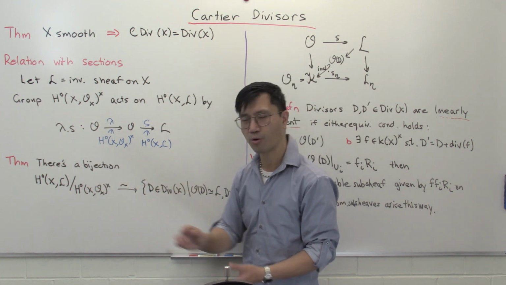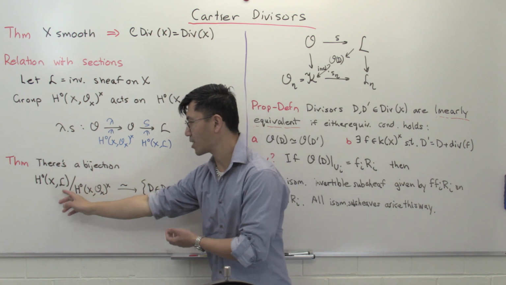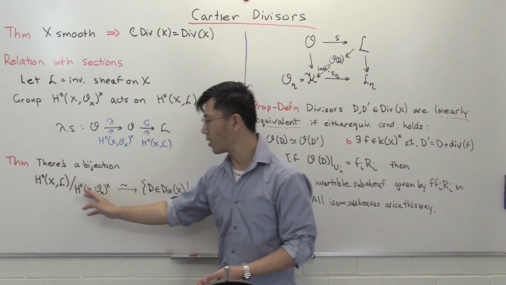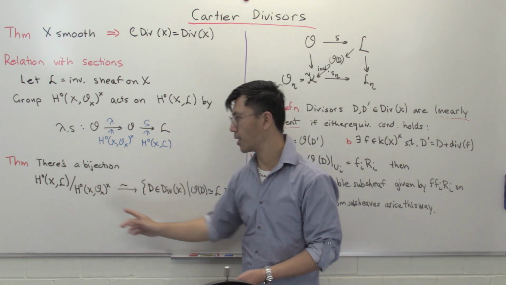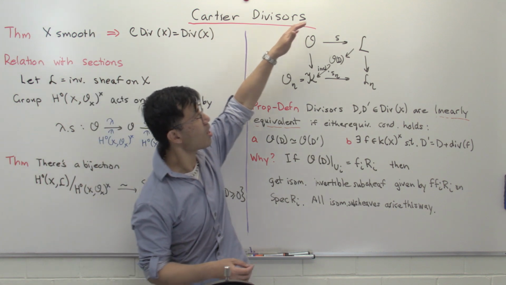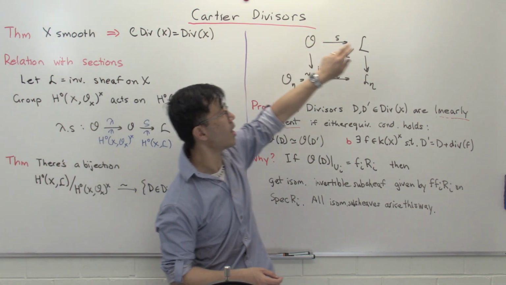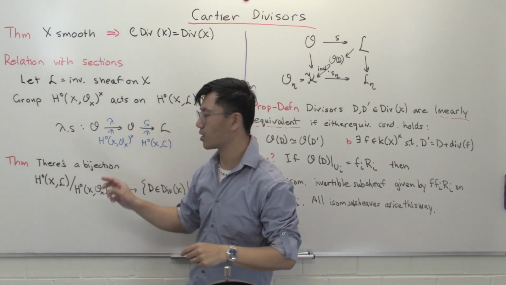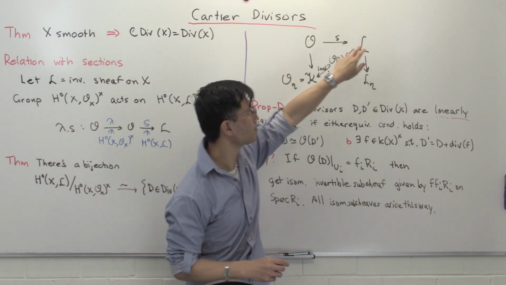I won't go through the proof of this theorem, but let me state more precisely what this map is. We've seen some of these ideas before in a previous video in this playlist. Here you have a section from O to L, and you can compose it with something like this if you like, and it's not going to change what's going to happen here.